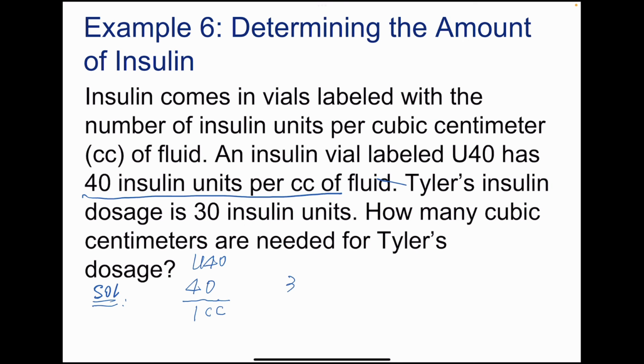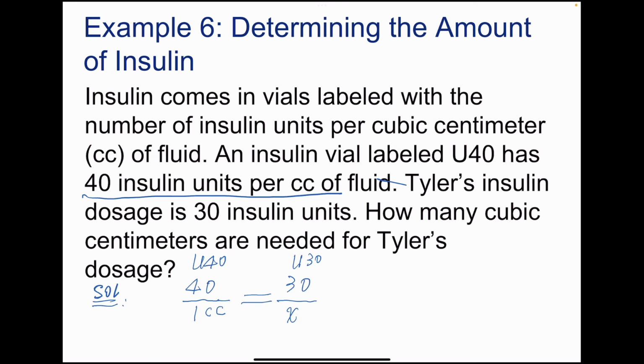Now you have a U30. So you know there are 30 units of insulin in the fluid, but you want to ask how many cc you need. Notice the two solutions must have the same proportion of insulin.